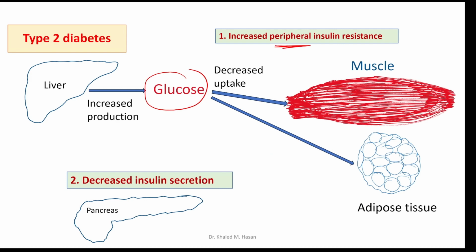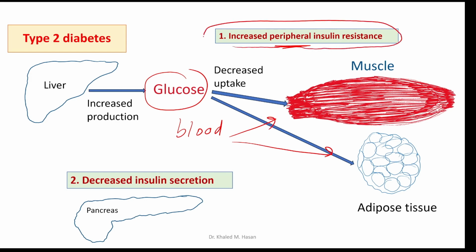So the glucose is unable to move from the blood into the cells. We call this process increased peripheral tissue insulin resistance. So this is one of the possible theories.